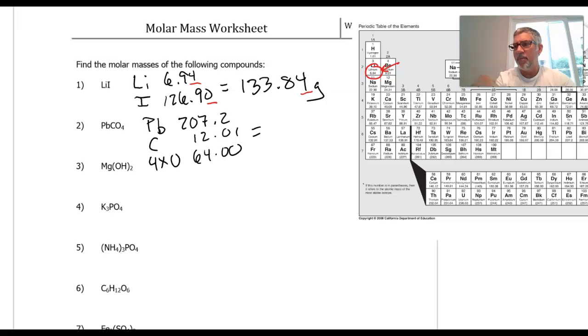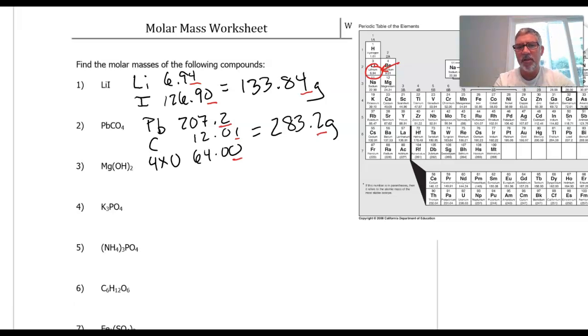So when I add all these up, I get 283.2 grams. Now you'll notice here that this is to the tenths and the hundredths and the hundredths. Tenths is less accurate than hundredths, so that's why when we add them all together we go to the tenths. That's a significant digit thing. I won't be super strict because you haven't had it in the first period, but when I do answers, I'll try to do it like that.